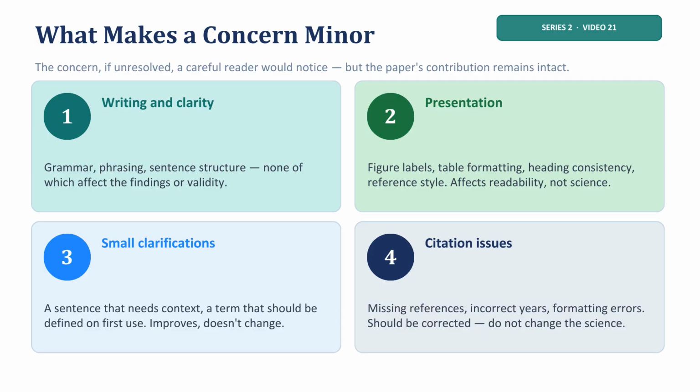These affect how the paper reads, not what it says. Small clarifications are minor. A sentence that needs one more phrase of context. A term that should be defined on first use. These improve the paper without affecting its validity. Citation issues are minor. Missing references, incorrect years, formatting errors. They should be corrected, but they do not change the science.